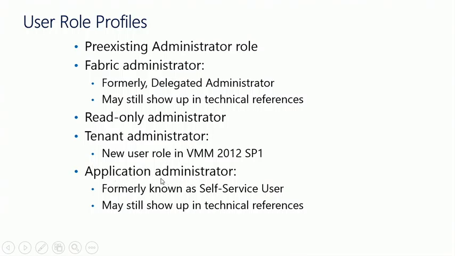Now, I'm going to quickly talk about the last one before the fourth one. The last one is our self-service user or our application administrator. So application administrator is this end user role we were talking about, and this is the person that's scoped to a cloud. So again, Fabric administrator, they touch hardware. They are scoped to host groups. Application administrators, they touch the VMs and the end services.